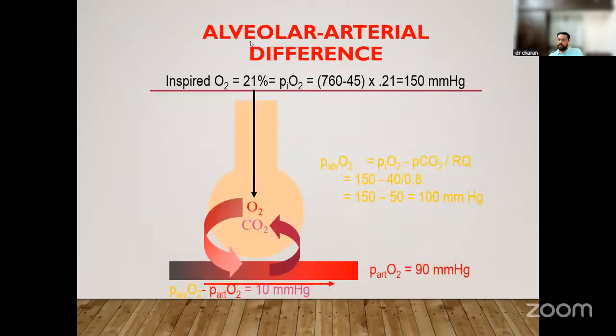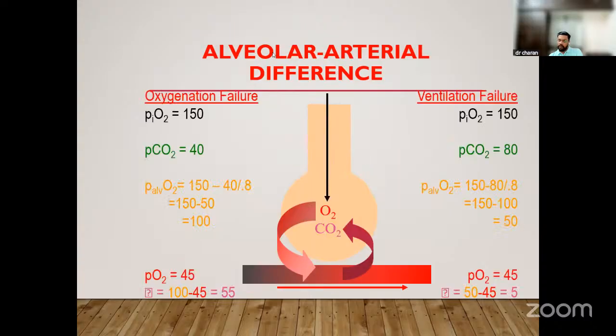One parameter that can be used in an ICU is the alveolar arterial difference. It is usually around 5 to 10. If it is high, it means there is an oxygenation failure. If it is normal, but still the patient is hypoxic, it can be a ventilation failure. Let us not confuse ourselves with all these things. You just know one thing, the patient is hypoxic.